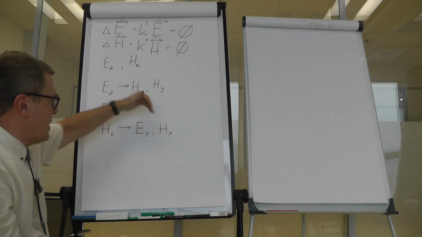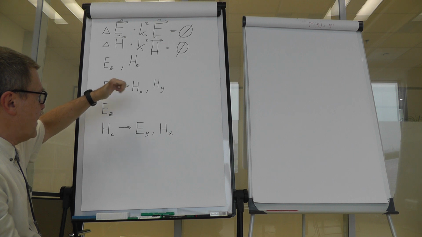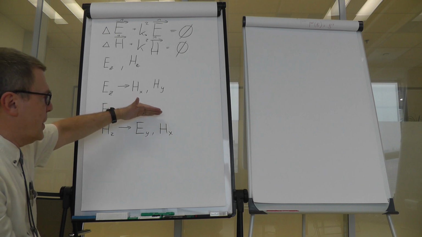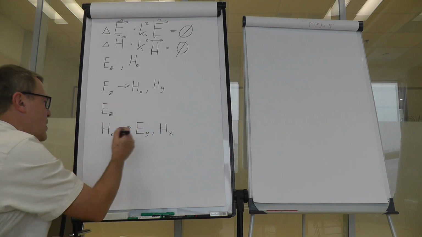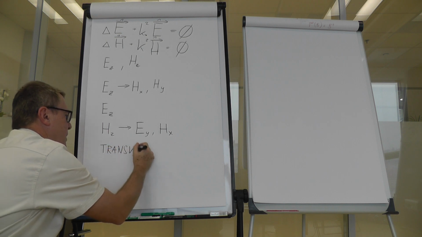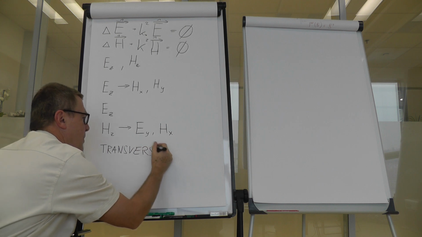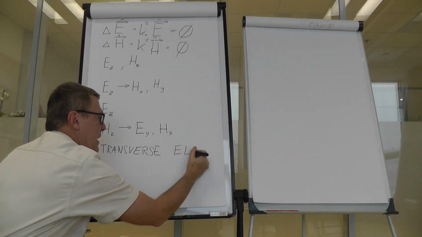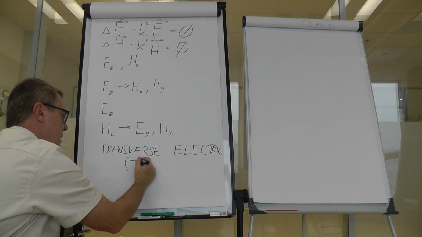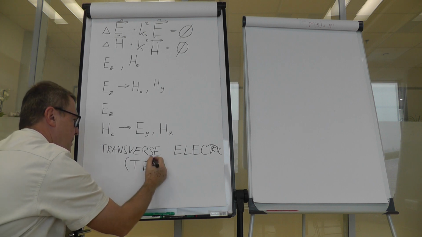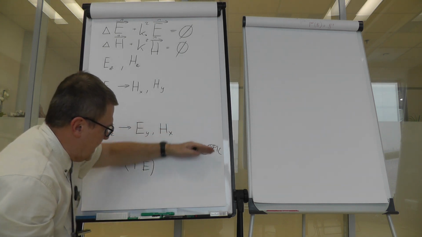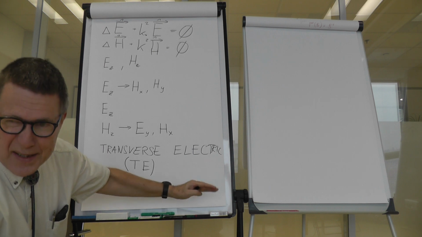Now this is something which has the electric field only in the direction of the cross section. So this is called transverse electric, or TE. So some authors classify this as transverse electric, and in our book this is done.